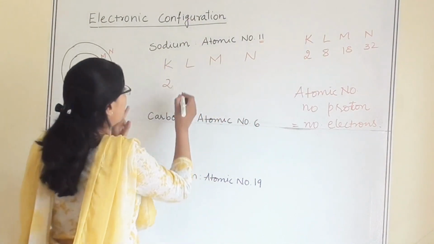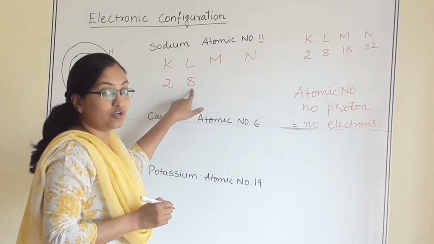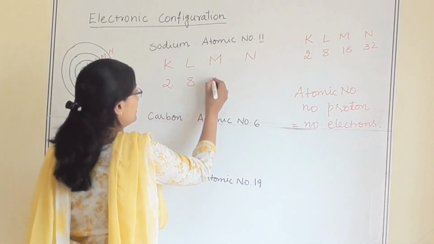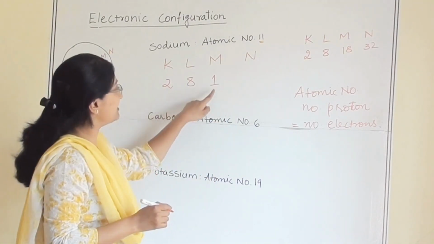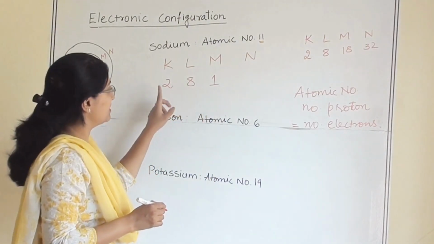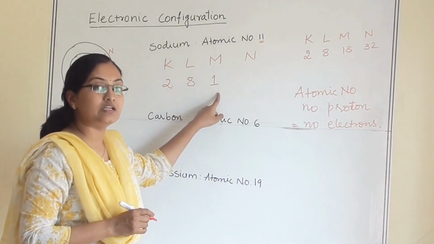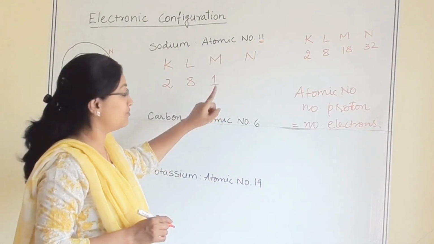So I cannot put more than 8. So here 2, then 8. Now 1 electron left. I am keeping it in M. So this is going to be the electronic configuration for sodium, according to their maximum capacity, and more than 8 electrons we cannot keep in any of the orbits.